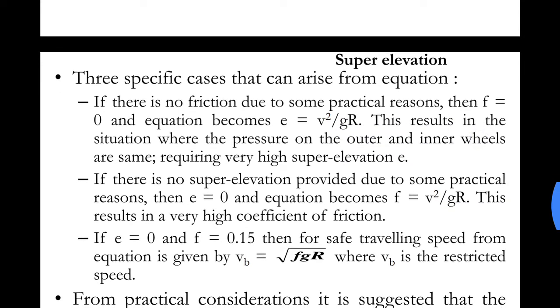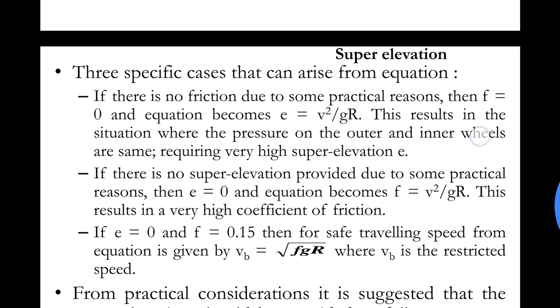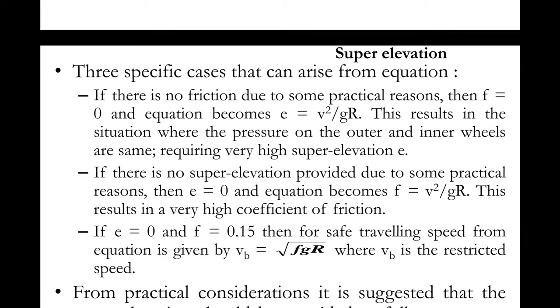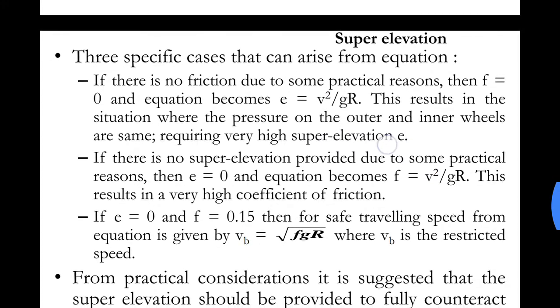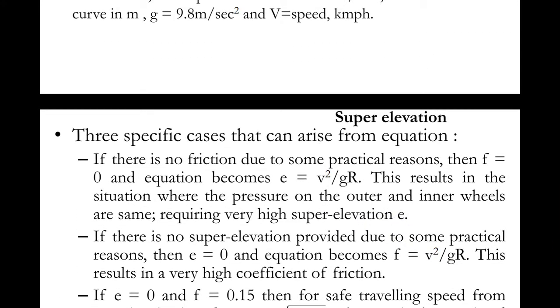This results in a situation where the pressure on the outer and inner wheels are same, requiring very high super elevation E. If due to some considerations we cannot provide friction on the road surface, then we would need to provide maximum super elevation.